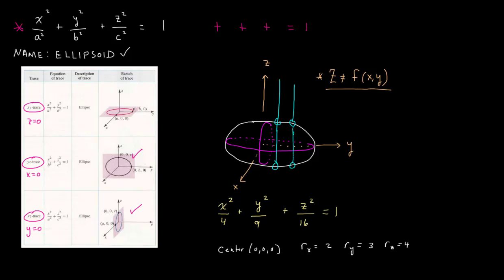And since each of these spikes go through more than one point, z is not a function of x and y. We could also, in a similar fashion, say that x is not a function of y and z. Picture the spikes that come in from the x direction. Well, it would touch the surface once, and then on the way out, touch the surface again. So x is not a function of y and z.